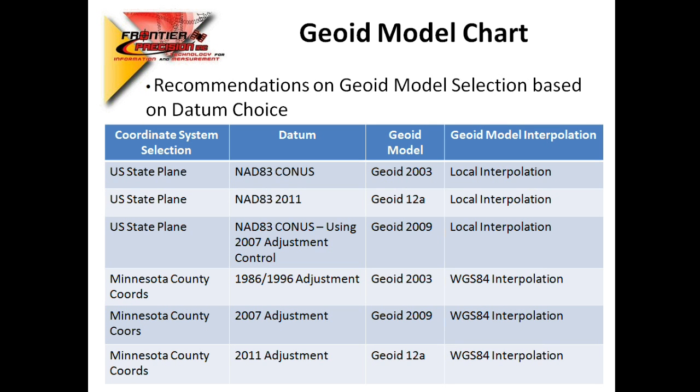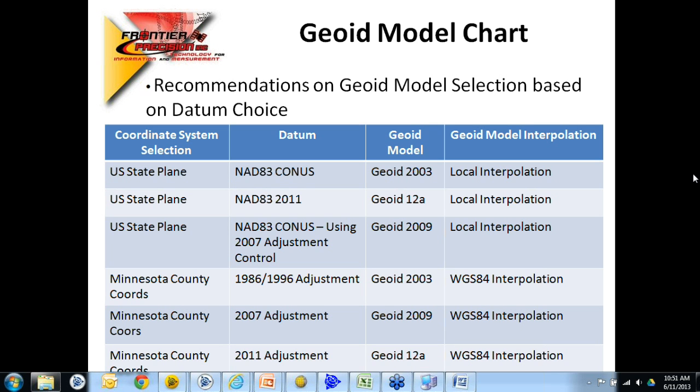On the local interpolations, most people don't realize what a geoid model actually is, and it's simply a file of separation values on a grid. And this file of separation values is just whatever the NGS grids it out to be, but it's nothing but a huge list of separation values that begin at a starting point. Now, the starting point is the latitude and longitude.